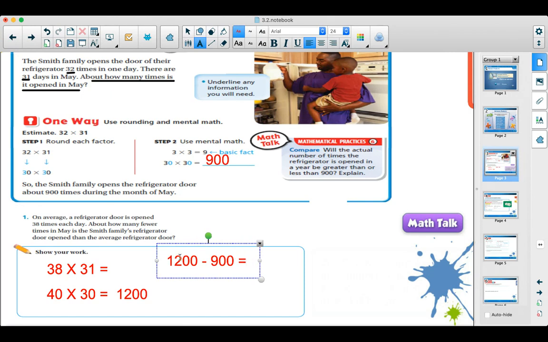And let's look at our basic fact. 12 minus 9 is 3, and let's append the two zeros. So on average, it's 300 fewer times. Make sure you're adding this information in your Go Math book, and please pause the video if you need to.